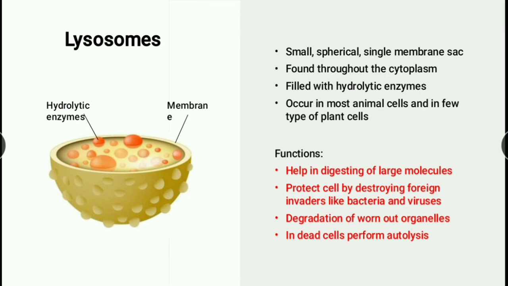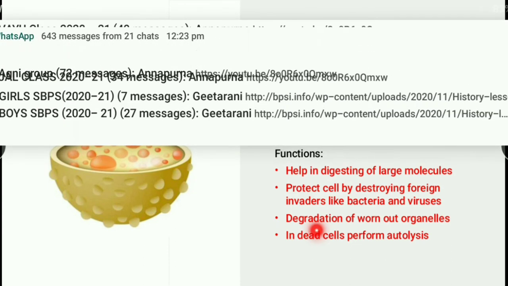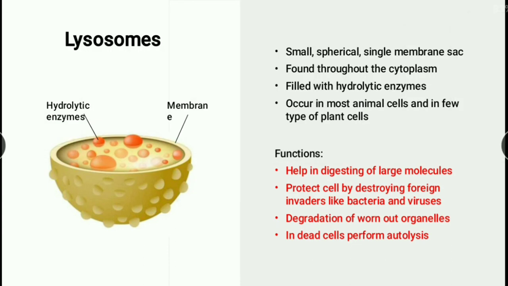So this is helping protection also. Degradation of worn out organelles. Any worn out or damaged organelles in the cytoplasm, it will destroy. In dead cells, perform autolysis. If the cell is dead, it will perform what? Autolysis. Autolysis means it will destroy the cell itself. It will degrade the cell itself.